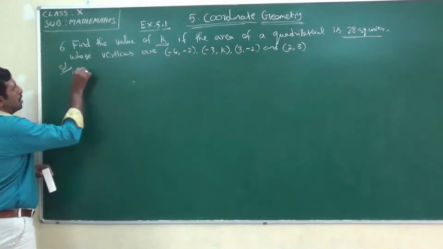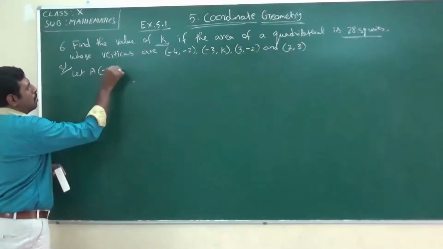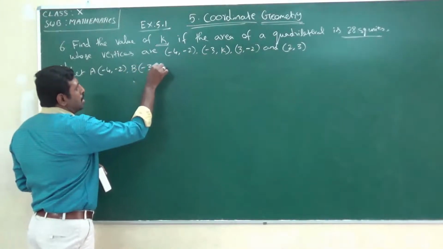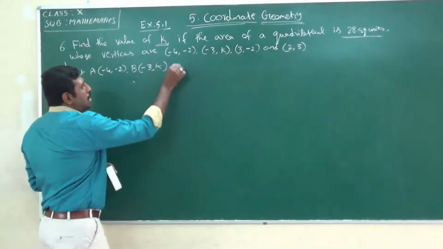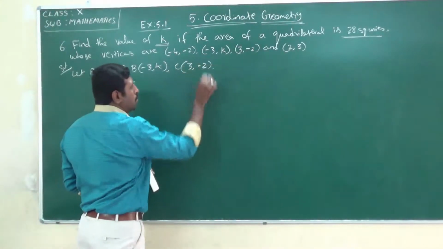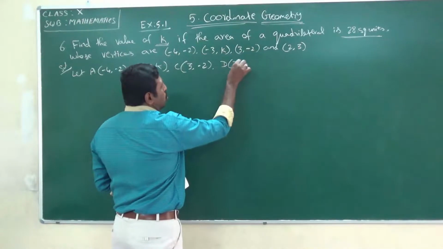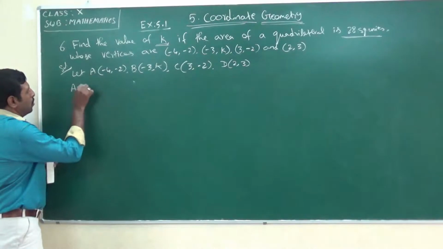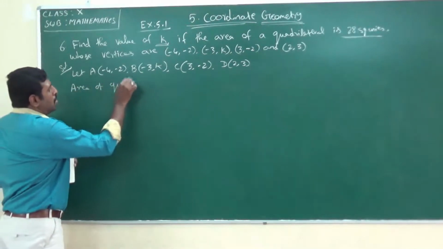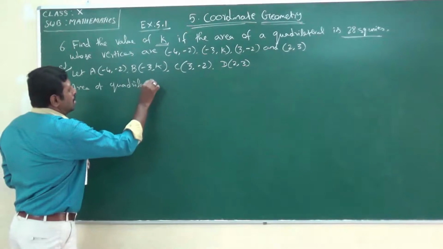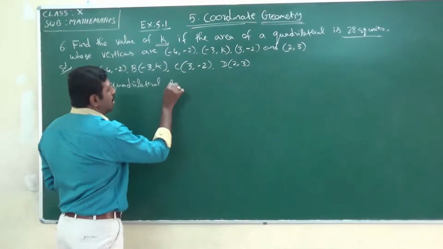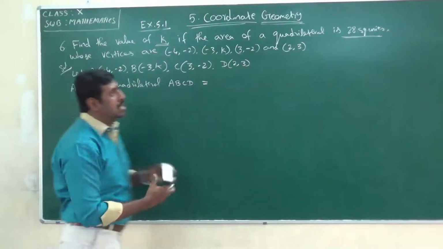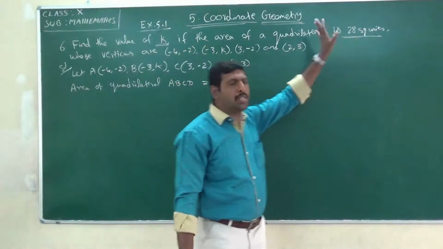Solution. Let A point be minus 4 comma minus 2, B point be minus 3 comma k, C point be 3 comma minus 2 and D point be 2 comma 3. Now the area of the quadrilateral ABCD is given as 28 square units, right?